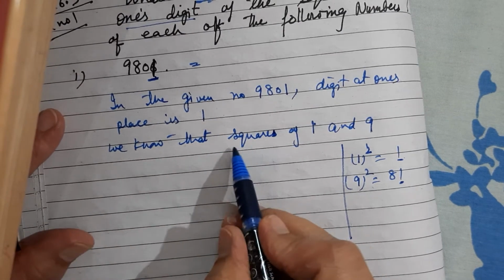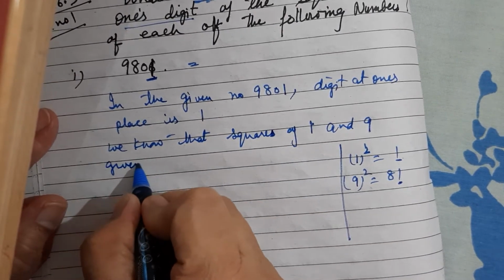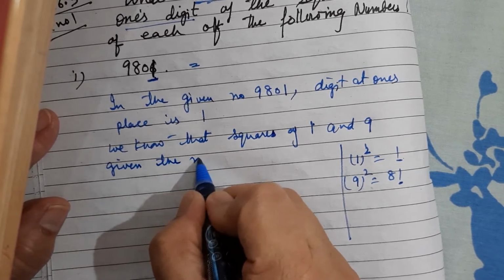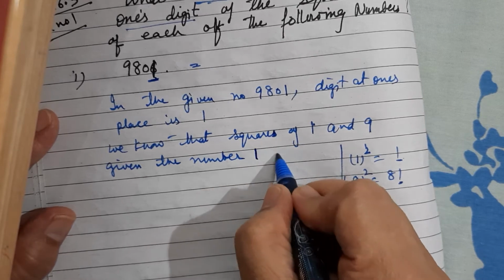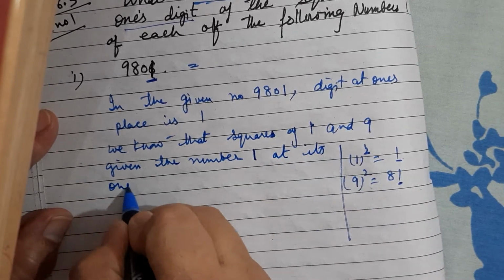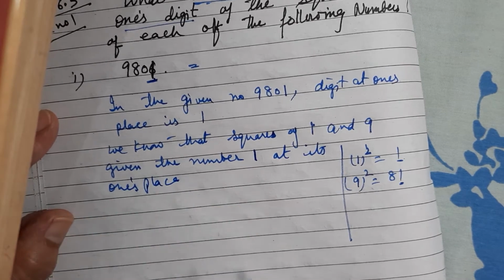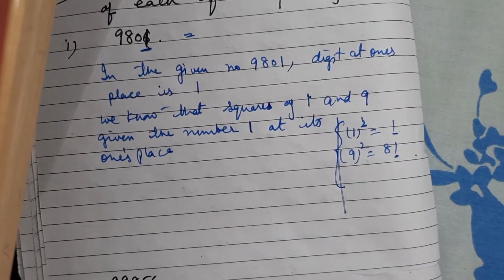So we know that squares of 1 and 9 give the number 1 at its ones place, right? So here I have written also.